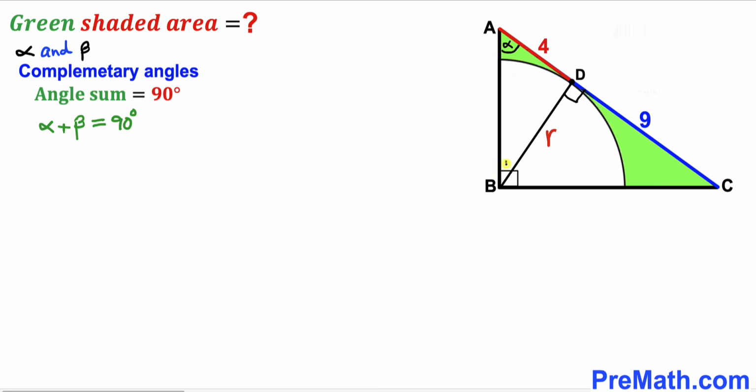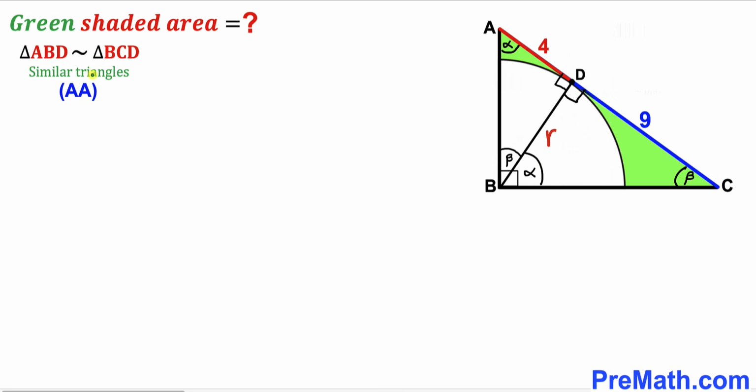We know this is a 90-degree angle, so this angle has got to be beta. Since this angle is 90 degrees and this angle is alpha, this angle has got to be beta. And if this angle is beta and the whole angle is 90 degrees, this angle has got to be alpha. So we conclude that the right triangle ABD and the right triangle BCD are similar triangles according to the angle-angle similarity theorem.